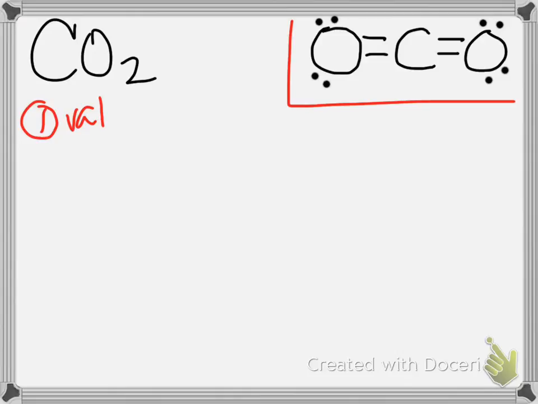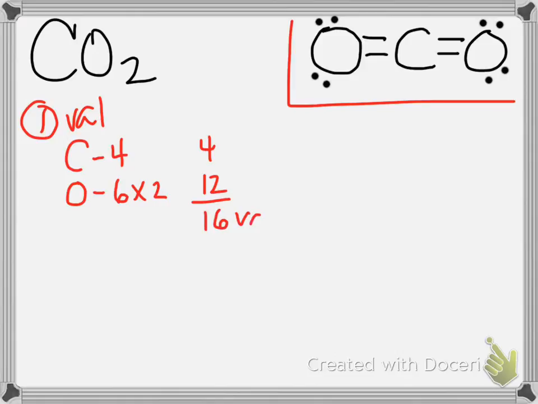So how many valence electrons? Carbon has 4, oxygen has 6. There are 2 oxygens. So we have 4 plus 12. We have 16 valence electrons. That's step 1. Val E.